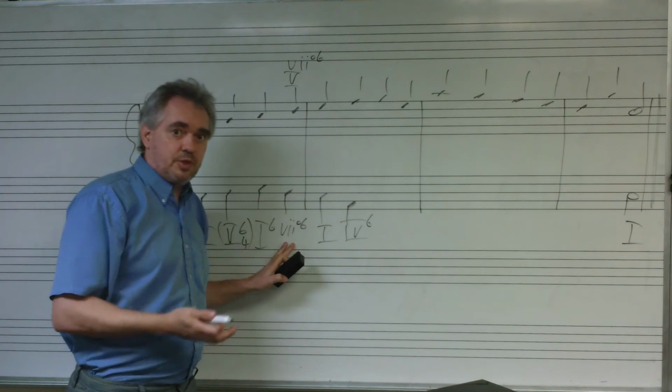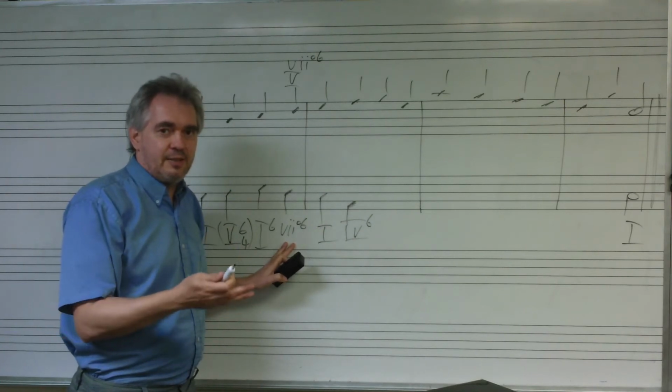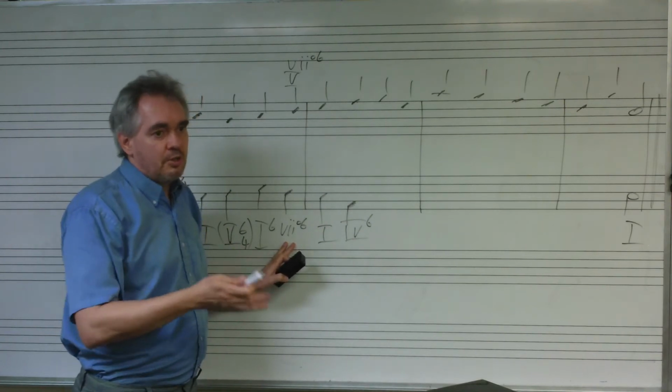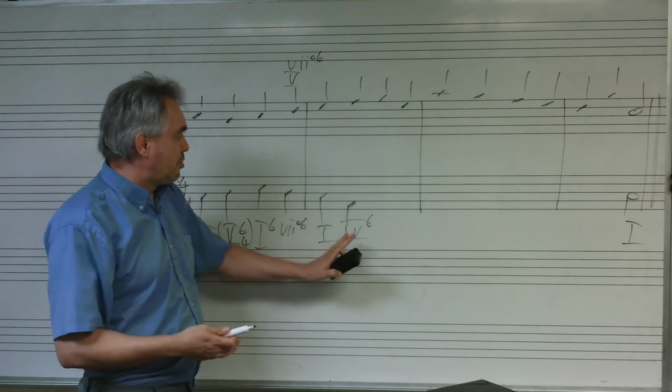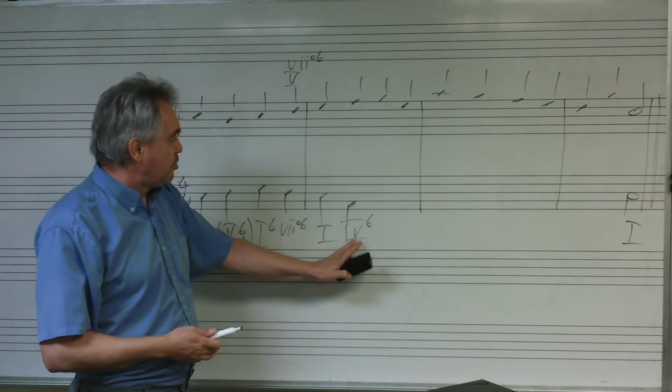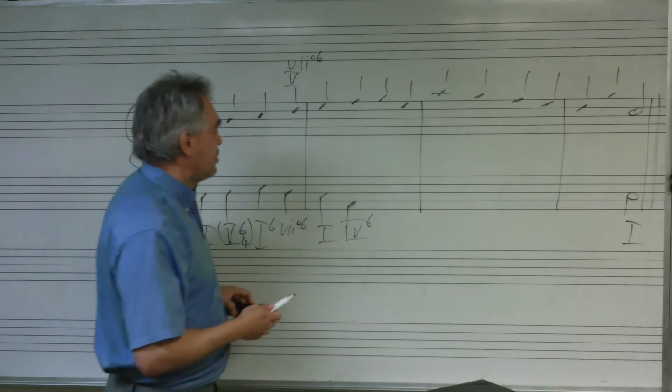The ii chord is very restrictive because it's at the end of the predominant progression. So after a ii chord we could only have a dominant functioning chord, so it's better to go to Roman IV.